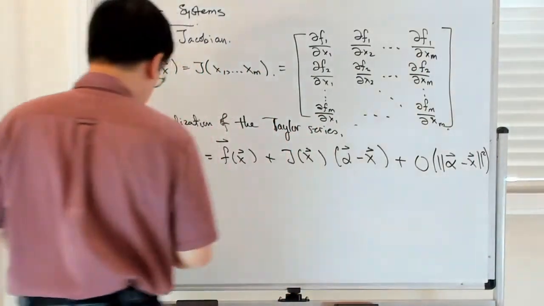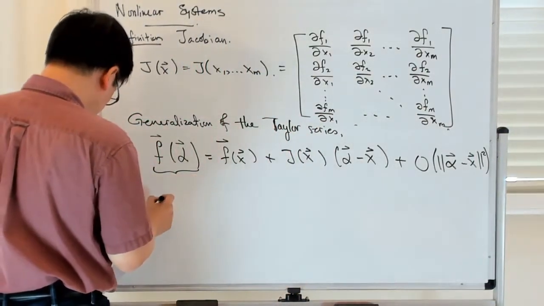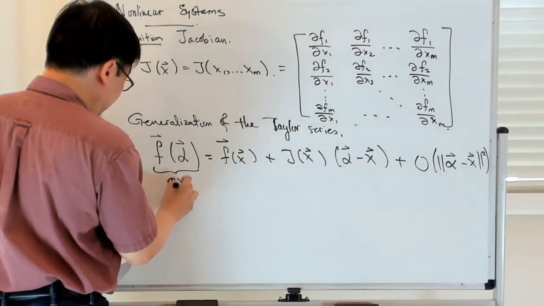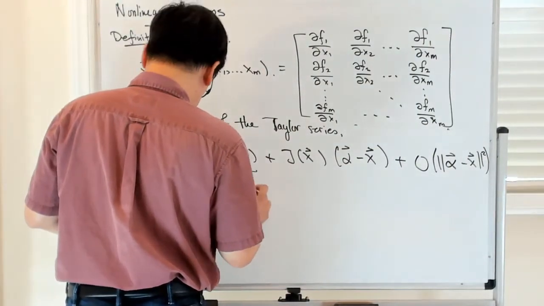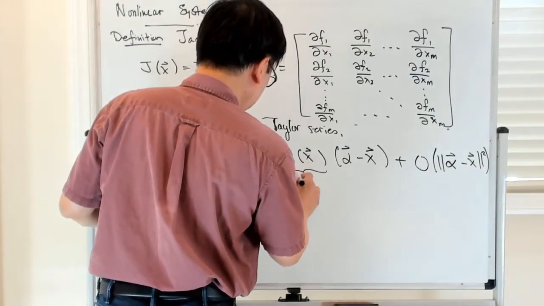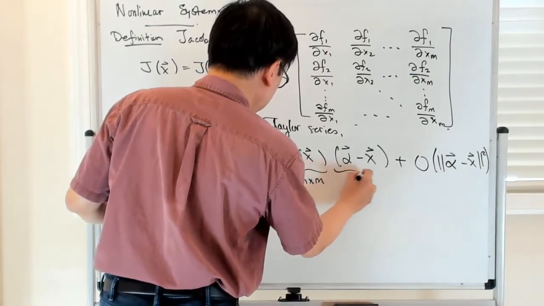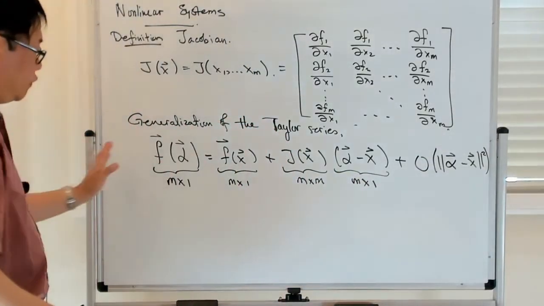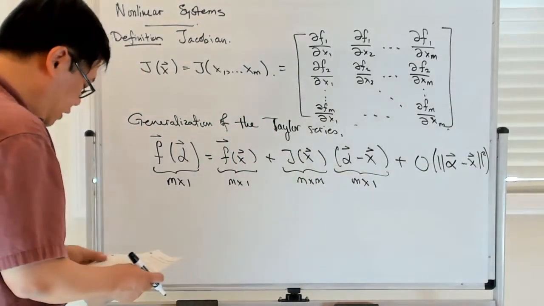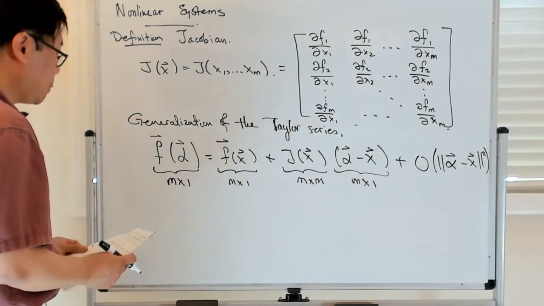Let's look at this to make sure everything is dimensionally consistent. This is an m by 1 vector, this is an m by m matrix, and this is an m by 1 vector. So everything is an m by 1 after you multiply it out.